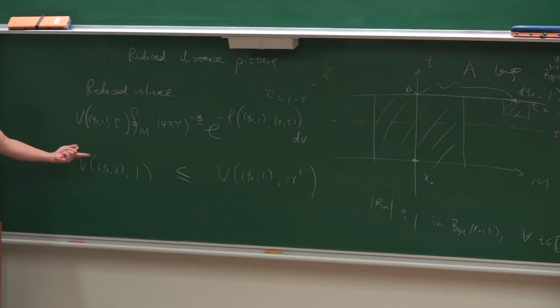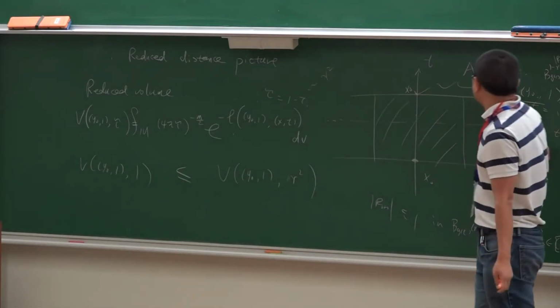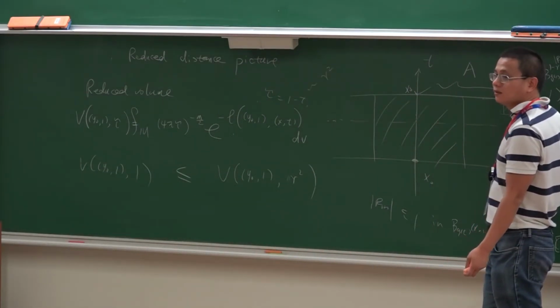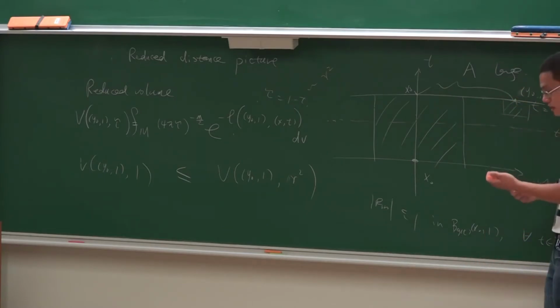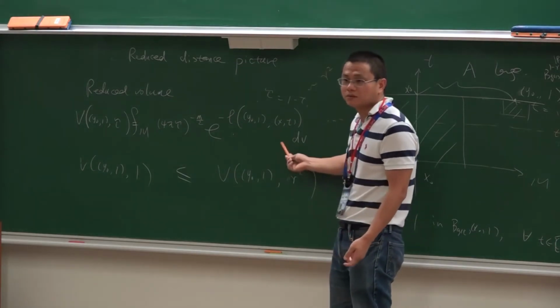There is not a natural monotonicity here, but because around y0 you have a curvature bound, this reduced volume actually gives you the information of the volume ratio.